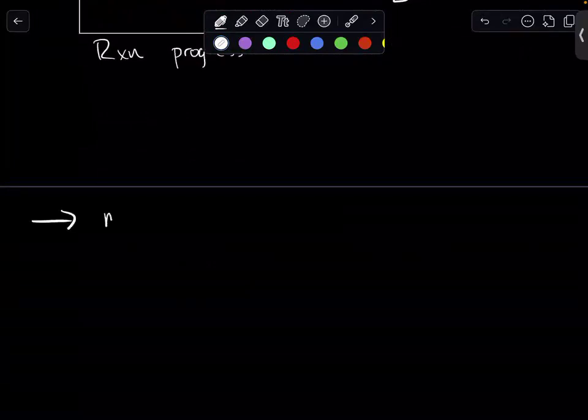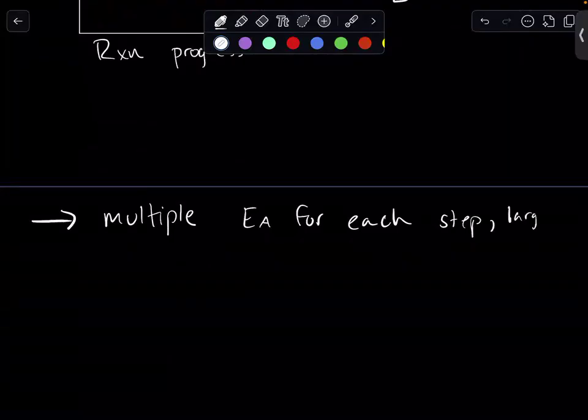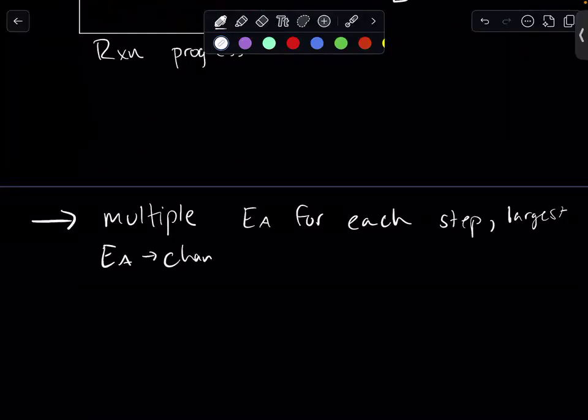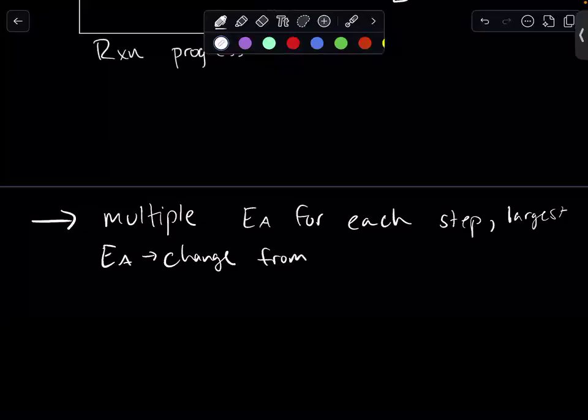For instance, if there are multiple activation energies for each step, we know that the largest activation energy, that being the change from previous reactant to peak, I'm going to put that in parentheses.